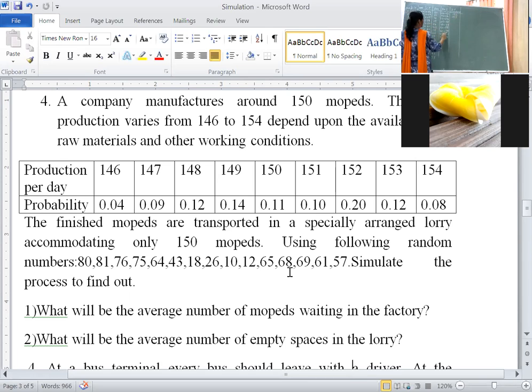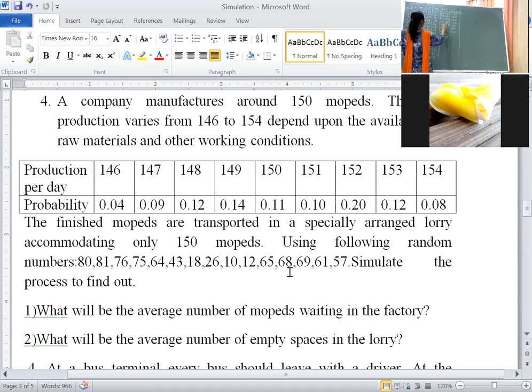Then 76 lies in this particular class interval, that is 152. Next one is 75, lies in the same interval, the corresponding demand is 152. Then 64, thus 152. 43, here it is 150. 18 lies in this particular class interval, that is 148.